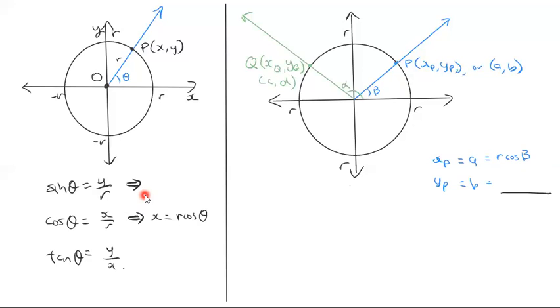We can rearrange by multiplying by r on both sides to get y equals r sine theta. But that's for any theta, and in this case it is beta for the point P, so it will just be r sine beta. Does that follow?